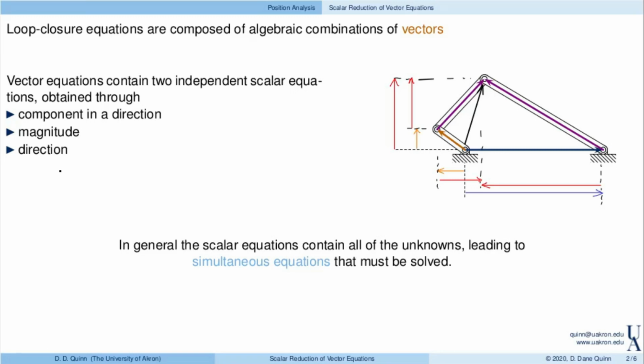But for simple, single degree of freedom mechanisms, this one vector equation gives me two scalar equations and two unknowns.